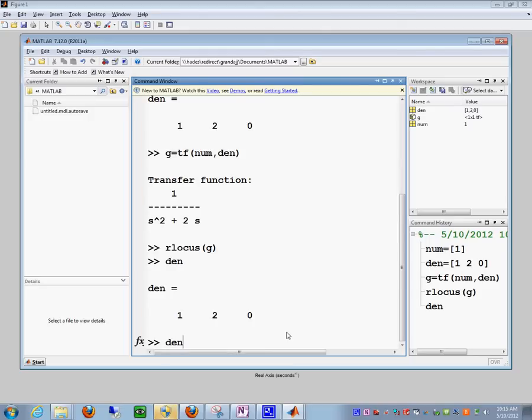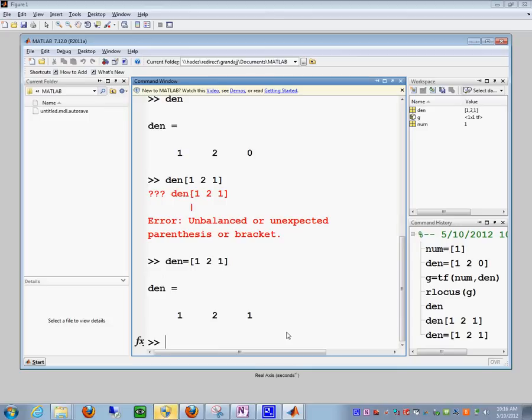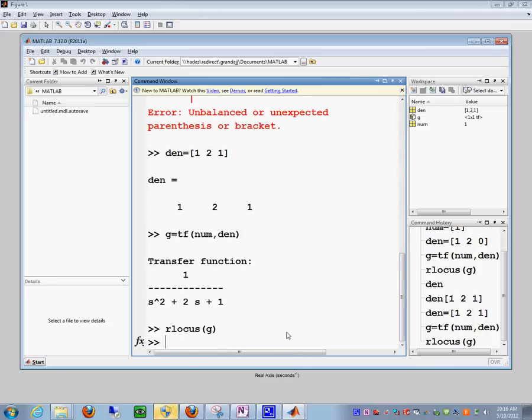Let's just change this to 1, 2, and 1 and see what it does. Wait, what did I do in here? Denominator is equal here. Yeah. And then I will do the same definition of the transfer function. See, this is a new transfer function now, and then I will ask it to plot, and then see what the computer does for me.